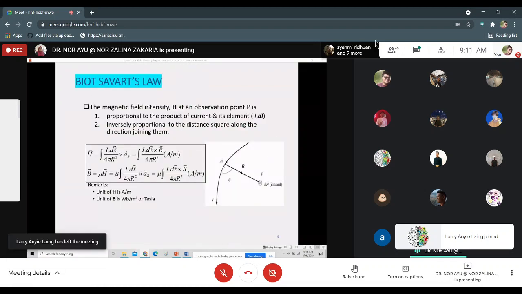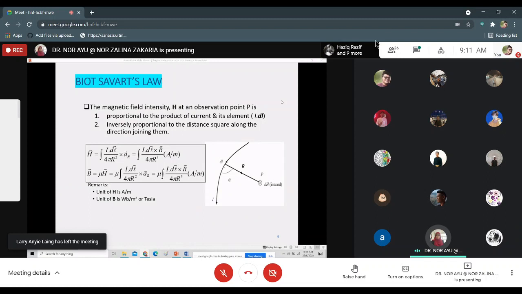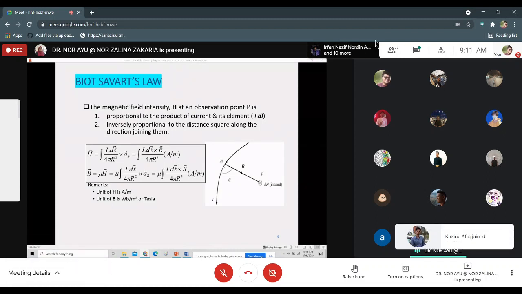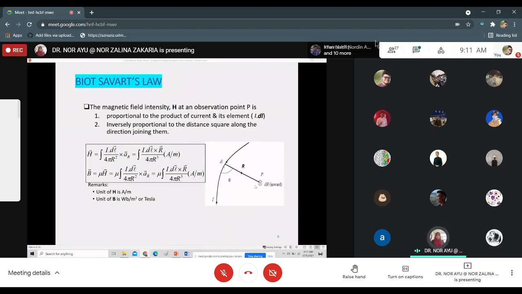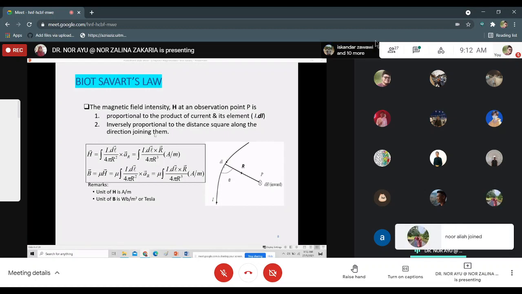All right, so this is the definition of the Biot-Savart law, where we have the magnetic field intensity H. The magnetic field intensity H at this observation point is proportional to the product of current and its element, or we can call it I dl, and inversely proportional to the distance squared along the direction joining them.